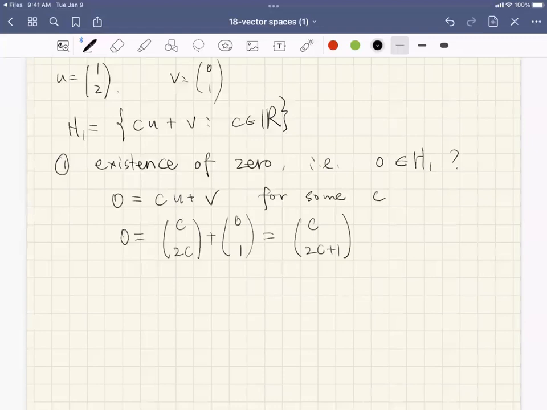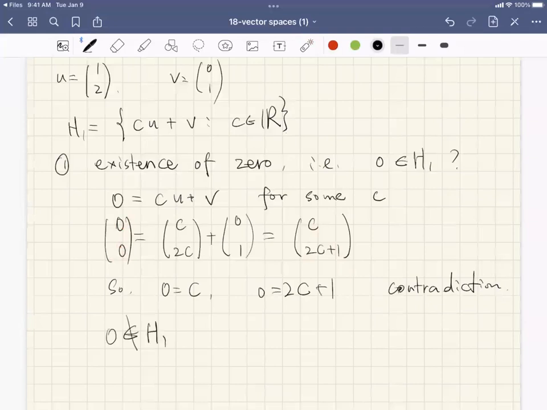And in two-dimensional space, the 0 vector, if you write it explicitly, has to be (0, 0). Two vectors are the same, which means 0 equals C and 0 equals 2C plus 1. This is not possible. This is a contradiction, which means 0 is not in H1.